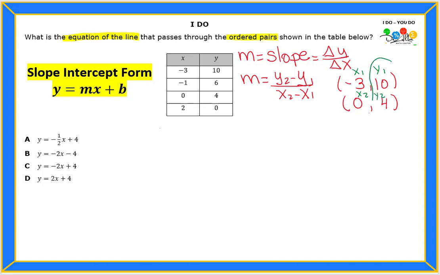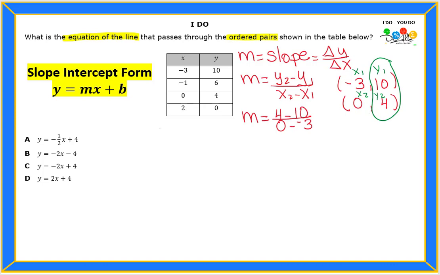We're going to circle my y values, because those are the numbers that I am going to write on the numerator. So I'm going to start with y sub 2, which is 4 minus 10. x sub 2 is 0 minus -3. Now be careful the way that I wrote 0 minus -3.